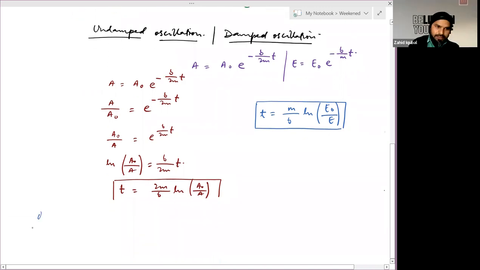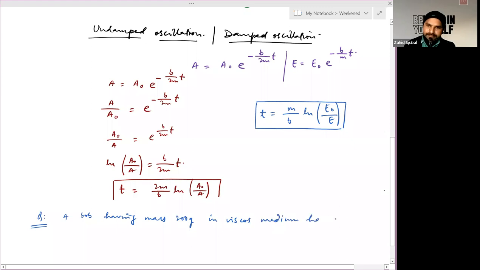Let me give you a question related to this part. A bob having mass 200 gram in a viscous medium having damping constant 40 gram per second.